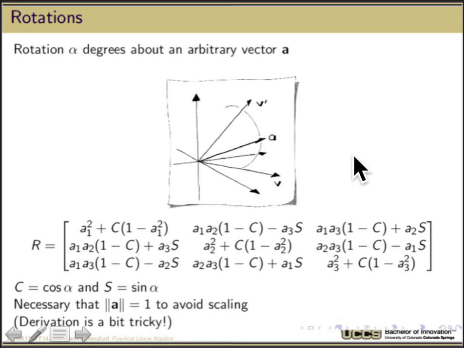It turns out that you really get to this matrix by thinking about how I first rotate the vector A to some standard axis. So I'm going to rotate around each of the axes I need to get A to be a particular axis, rotate that by the angle alpha, and then undo the rotations.